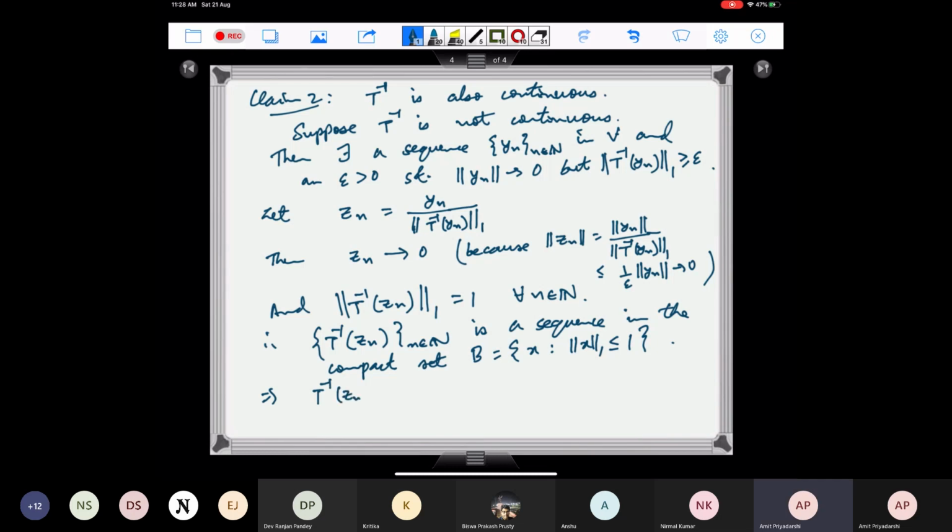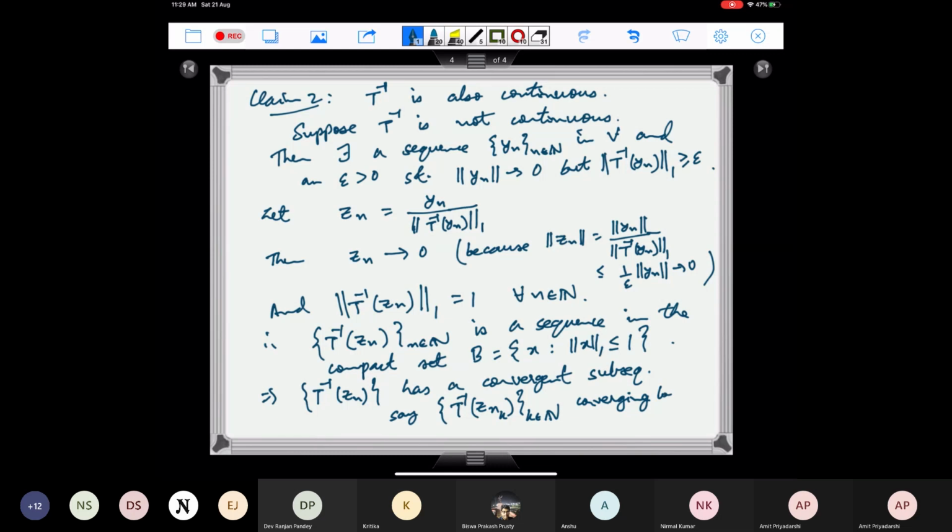So this will imply T inverse zn has a convergent subsequence, say T inverse znk, converging to, let's say, some x.